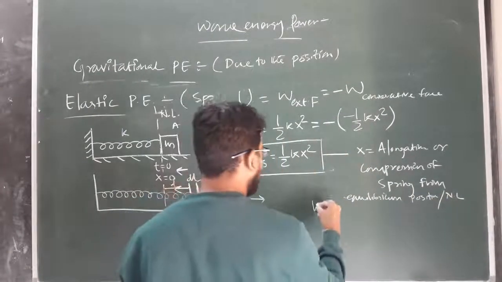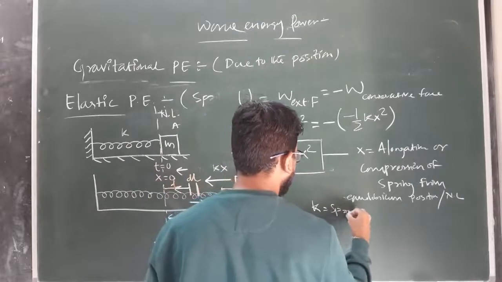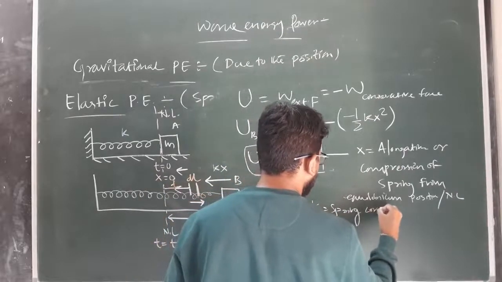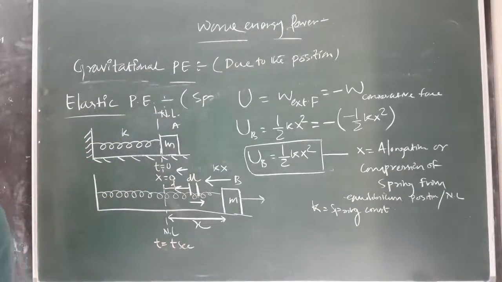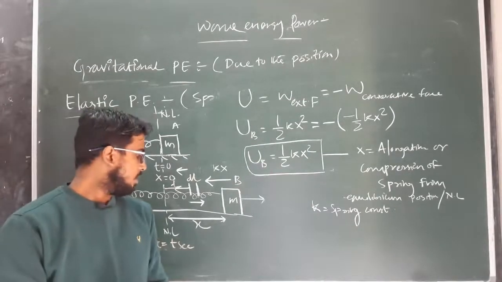Clear? And k is known as spring constant. Okay, so this is all about your expression for potential energy stored within a spring due to its change in configuration. Okay, so next we will discuss further.